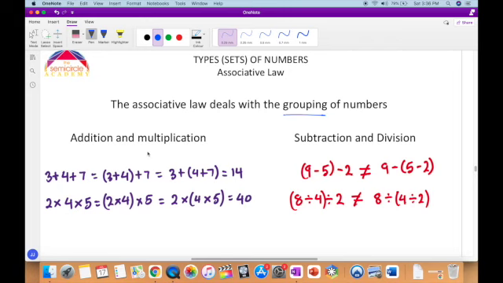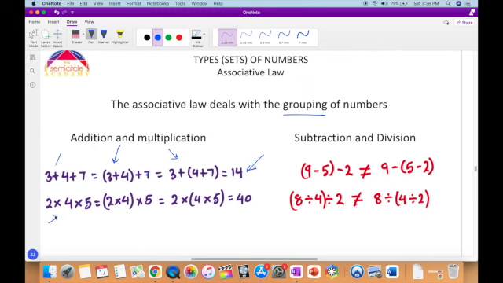So in addition and multiplication, if we had 3 plus 4 plus 7, we could group the 3 and the 4, add them first, and then add that to the 7. Or we could group the 4 and the 7, add that first, and then add that to the 3. But no matter how differently we group, we'll always get the same answer, right?